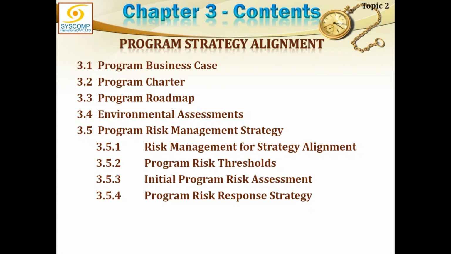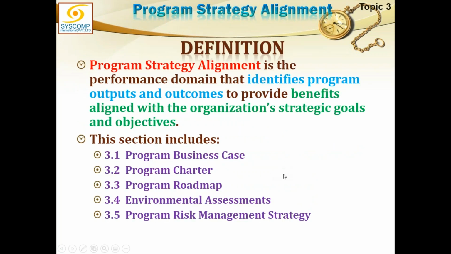This all is done here because once you have created the risk management strategy, you are all set for program management plan. So let us talk about the strategy alignment in detail.